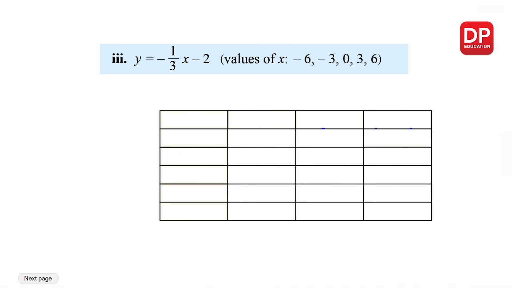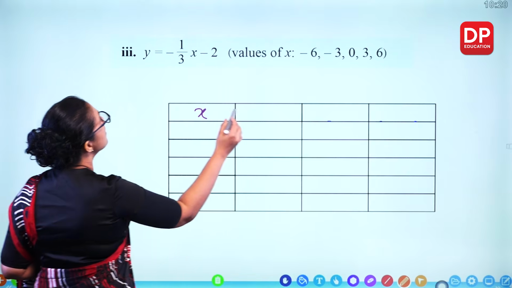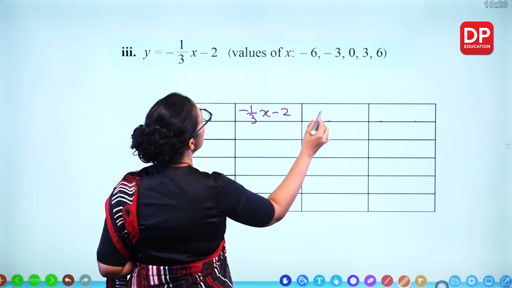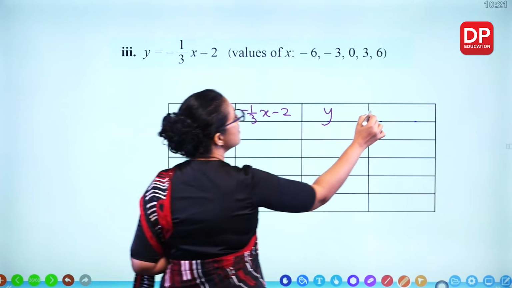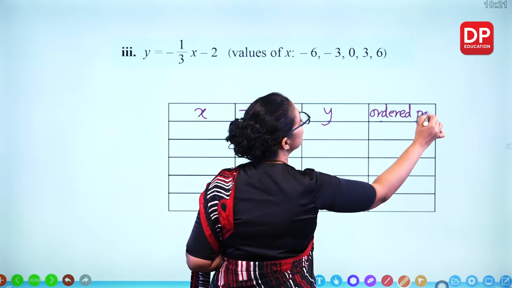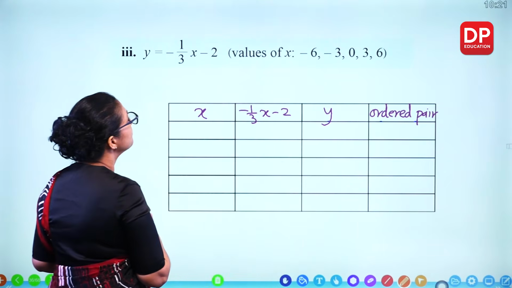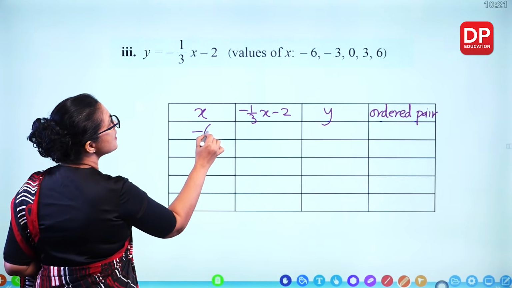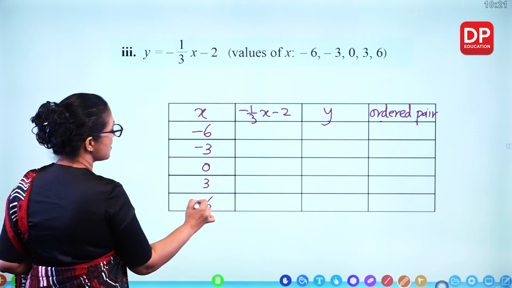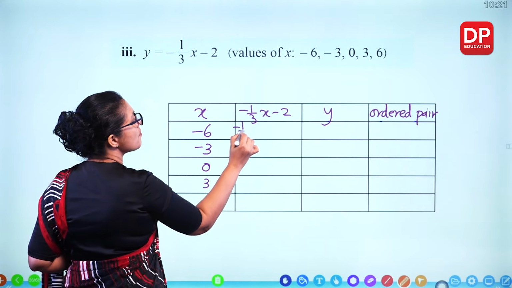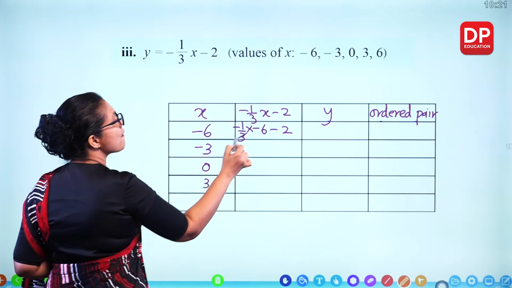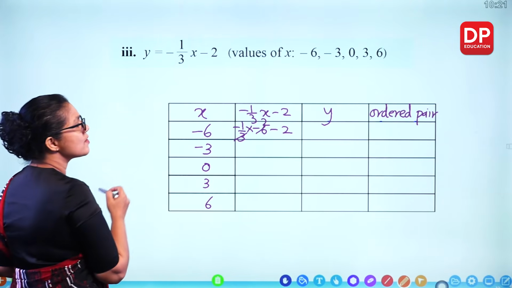Now we'll take the third one. y equals minus 1/3 x minus 2, find the y value and the ordered pair. So the x values given are minus 6, minus 3, 0, 3, 6. We'll substitute minus 1/3 into minus 6, minus 2. 3 and 6, you get 2.